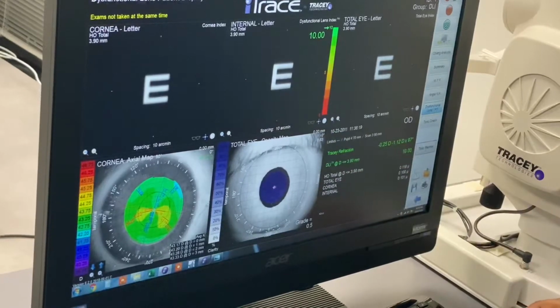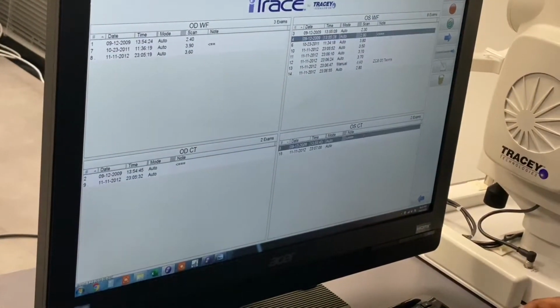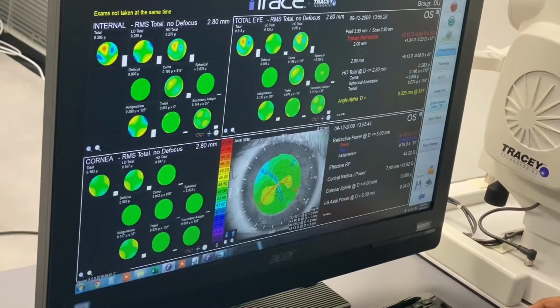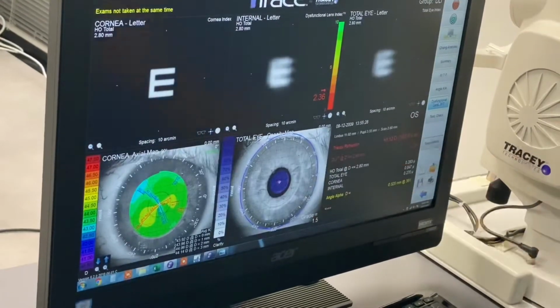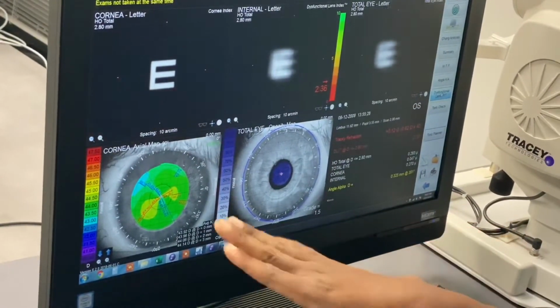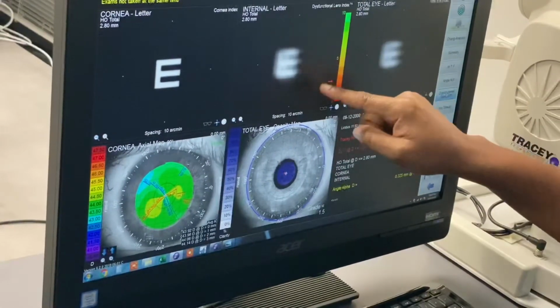And when you have early cataracts in patients, you tend not to know when to operate on this patient. With the DLI function, what I've shown you in the right eye is a normal DLI, and this is the left eye of a patient that shows a reduced DLI.